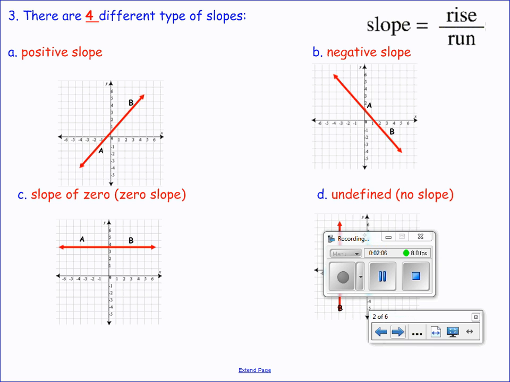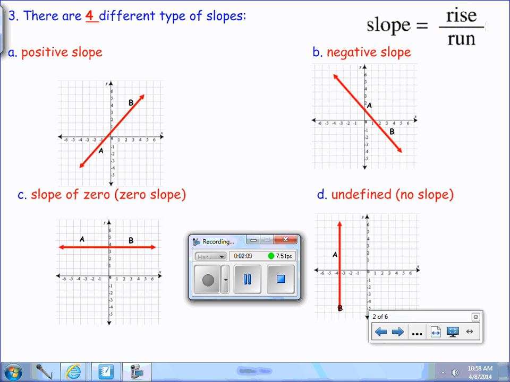Okay, now in this lesson you're going to become familiar with 4 different types of slopes. A is a positive slope. It goes in that direction. You'll be asked to label what type of slope is this? Positive. B is a negative slope. C is a slope of 0. There is no slope at all, so you just say a 0 slope.